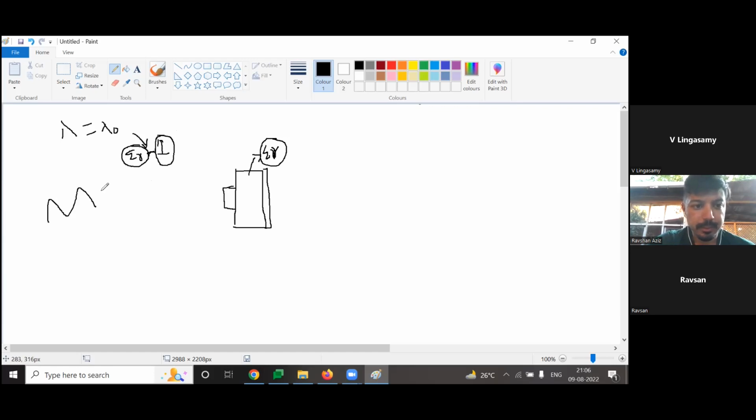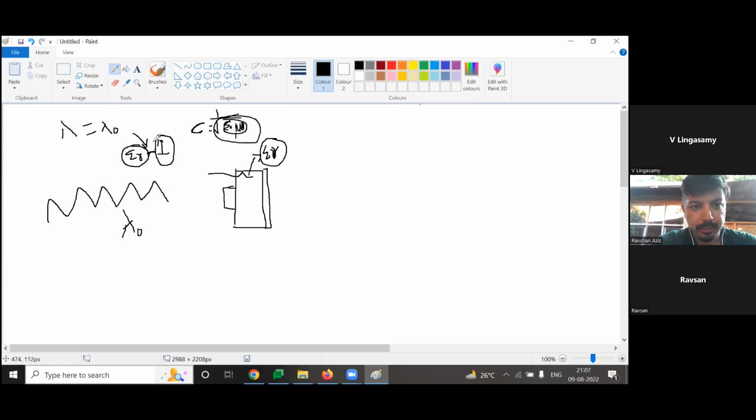When a wave propagates in free space, your wavelength is lambda naught and the velocity remains the same, given by one over the square root of epsilon naught mu naught. Now, the moment it enters a medium, why is it epsilon naught mu naught here?